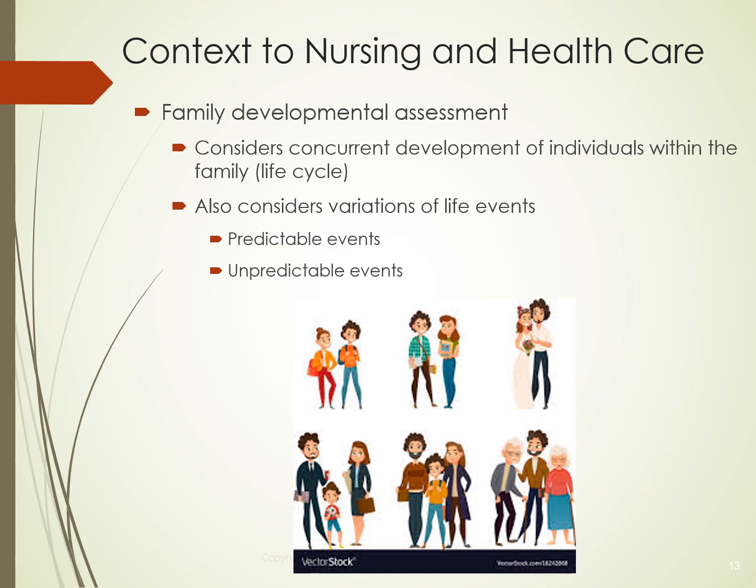Then they may decide to expand the family, and this will bring them into the childbearing stages. Then they are back to being a couple in the middle years, and they will enter the retirement stage. Each of those elements can be seen as predictable events. However, inside those, some unpredictable events may happen.